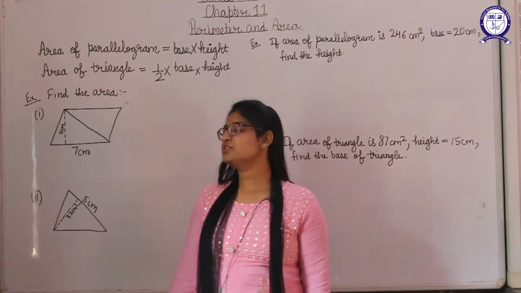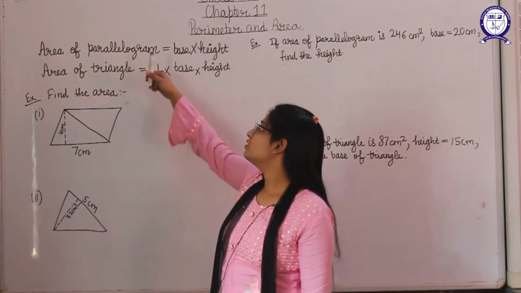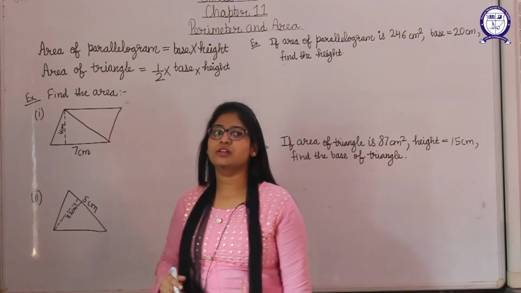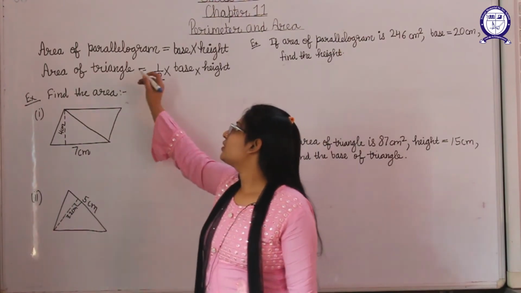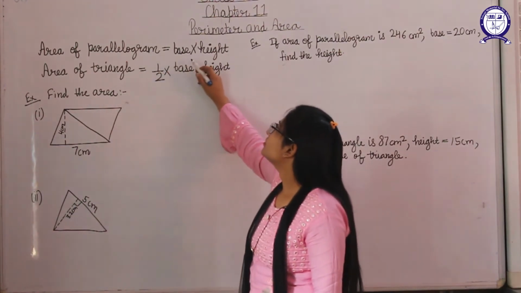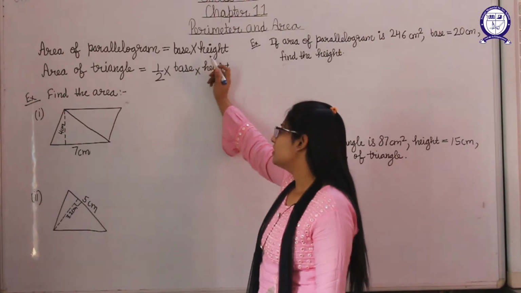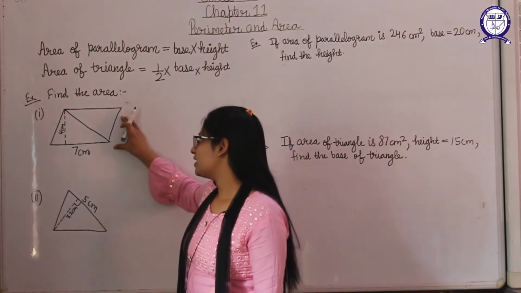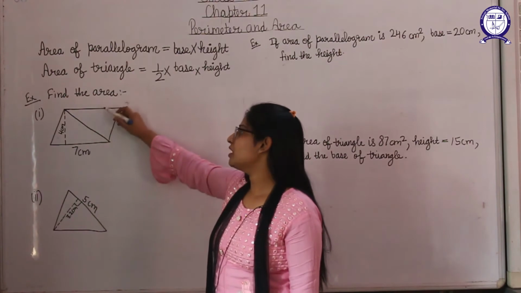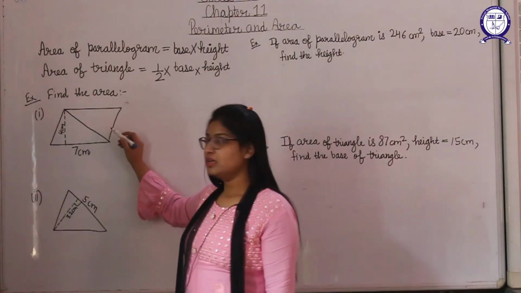Now students, our next topic is about the area of a parallelogram and a triangle. What is the area of a parallelogram? Area of a parallelogram is equal to base multiplied by height. Students, this is the figure of a parallelogram. We know that in a parallelogram, opposite sides are parallel, right?